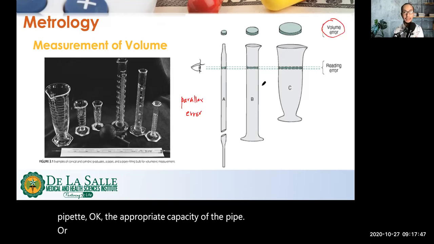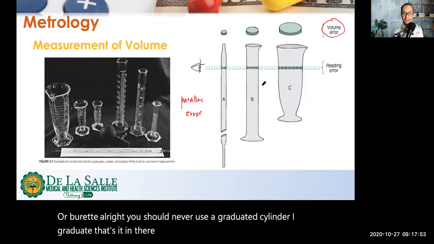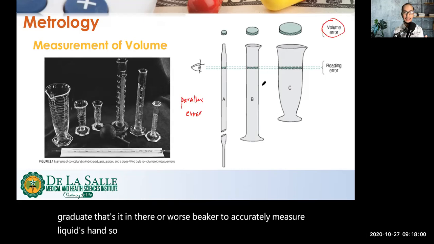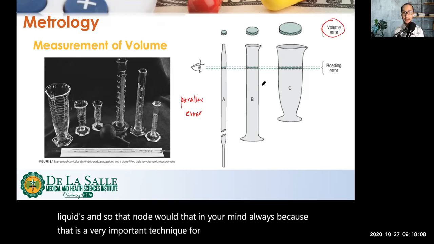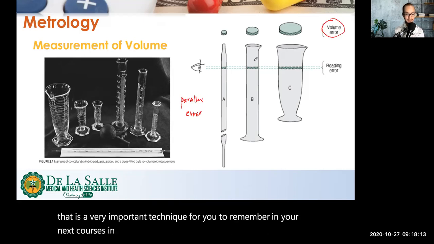You should never use a graduated cylinder, or worse, a beaker, to accurately measure liquids. Okay, and so take note. Put that in your mind always, because that is a very important technique for you to remember in your subsequent courses.